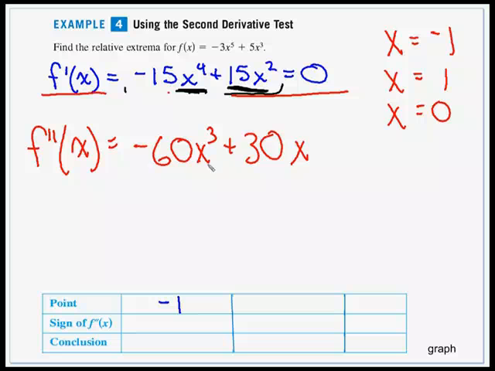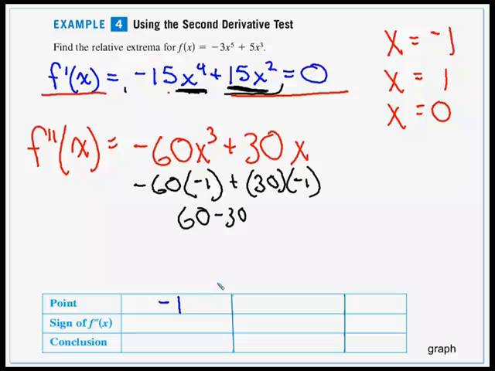So when I plug negative 1 in for this x and this x, I'm going to have negative 60 times negative 1 plus 30 times negative 1, or 60 minus 30, which is positive. And because that's positive, it tells us we have a minimum value. You know, this x value is the bottom of a valley because we know it's concave up above it.